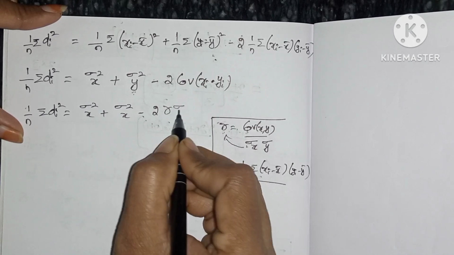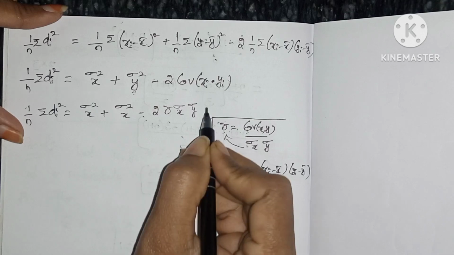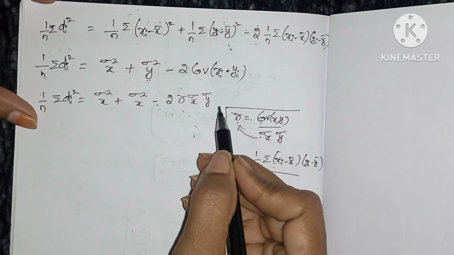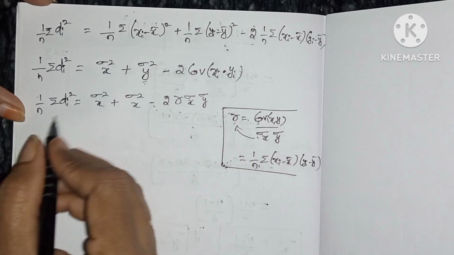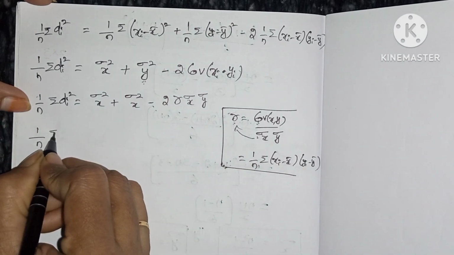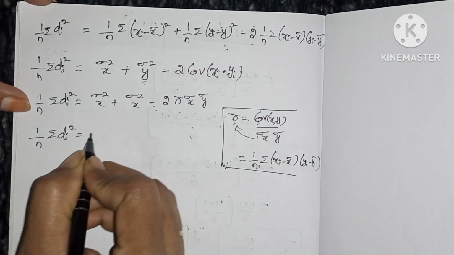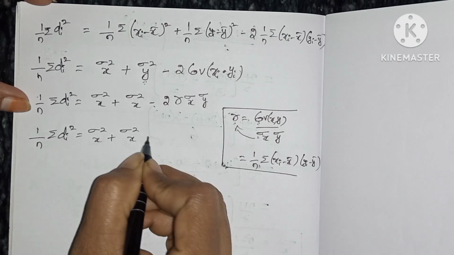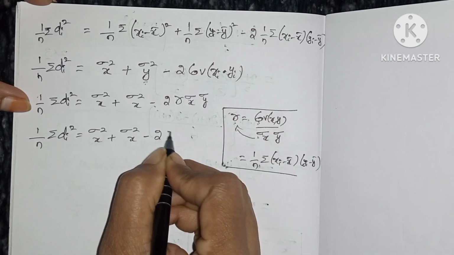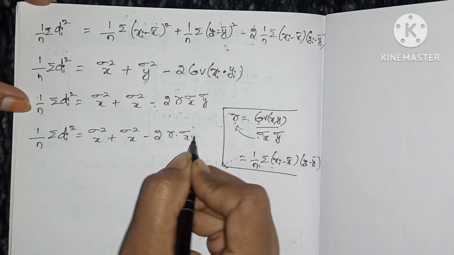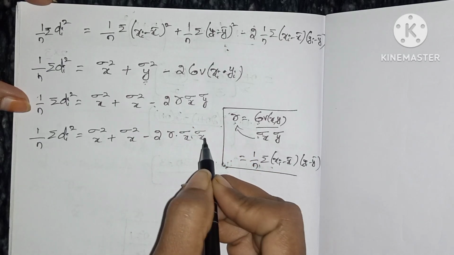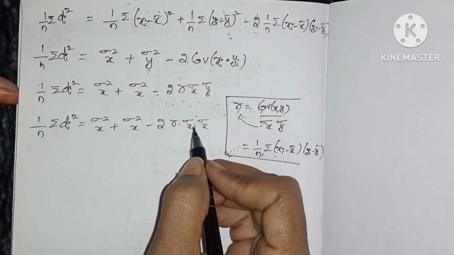Again in place of sigma y I can place sigma x. So 1 by n summation di square equals sigma square x plus sigma square x minus 2 into r into sigma x into, in place of sigma y I am going to keep sigma x. Why? Because all those terms are equal.